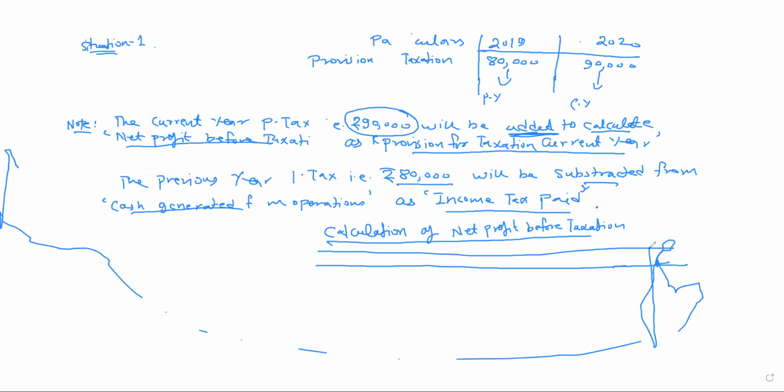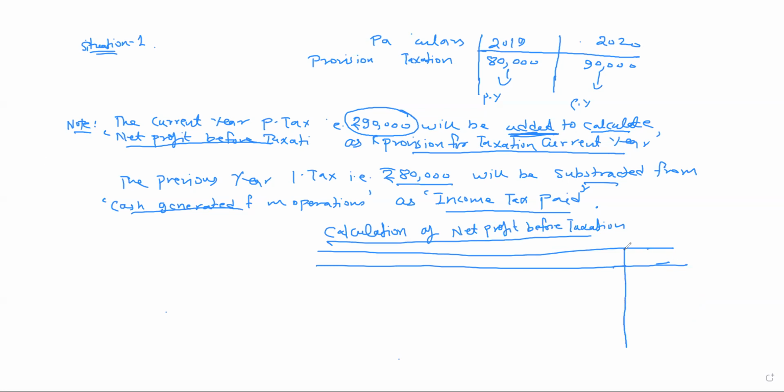Just hold on. What should I write here? Net profit for the current year. There will be one figure. This figure you will put here.